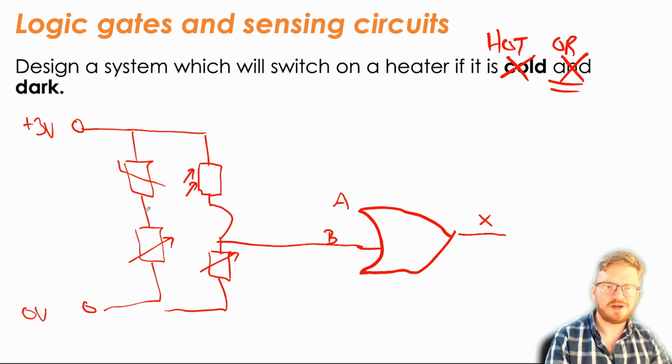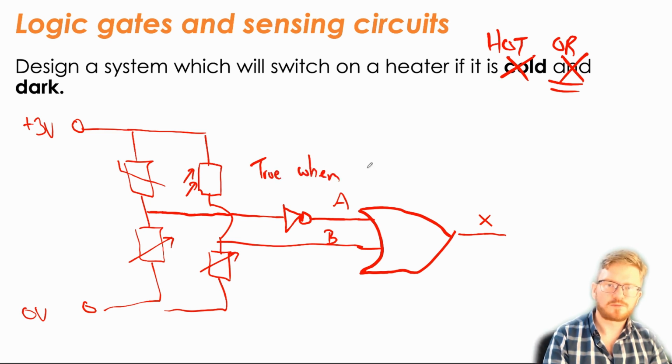I can take my output and put it through a NOT gate before it gets to my OR gate. So now this input A will go true when it is hot.